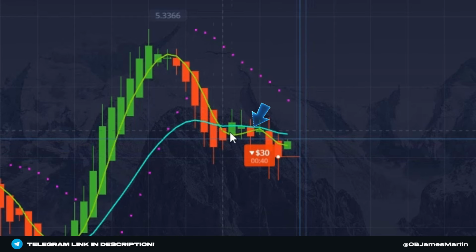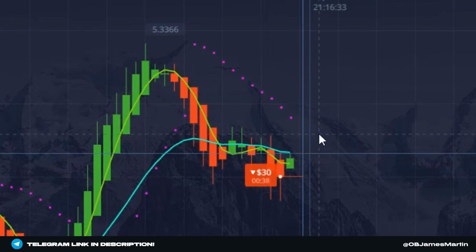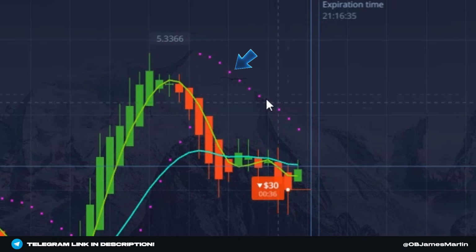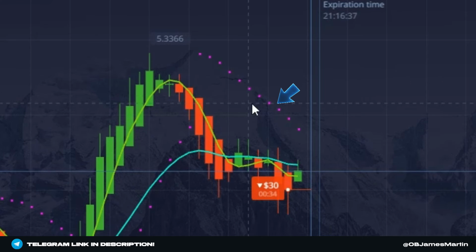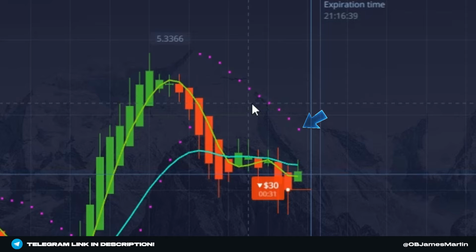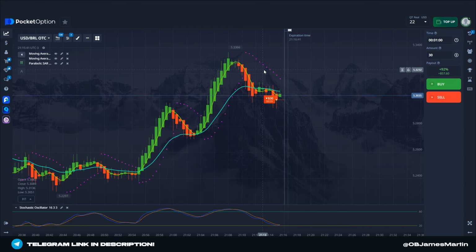You can also see the Parabolic SAR pointing down. As I told you before, you can take a trade if you see at least 3 and at most 7 or 8 Parabolic SAR dots printed here. If you see more than that, please do not take trades. I hope you get it right, guys. It's a very powerful strategy.